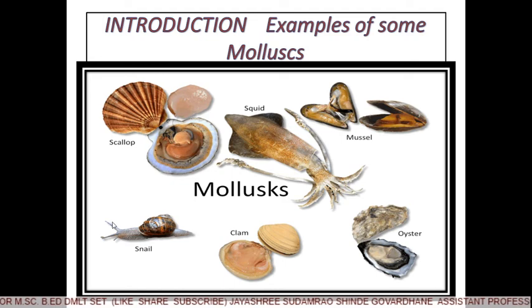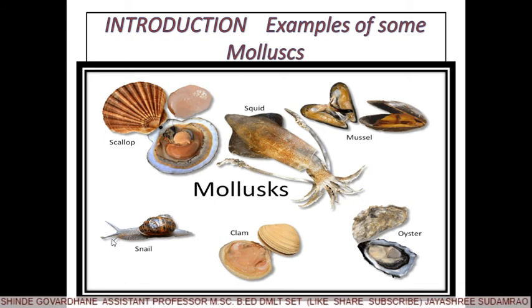You can see here these are the tentacles and other sensory organs. The alimentary canal is simple and straight, often U-shaped or coiled. Body is triploblastic. Triplo means tri, tri means 3, blast means layer. Body is made up of 3 layers.